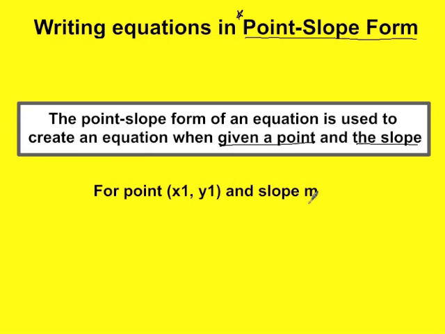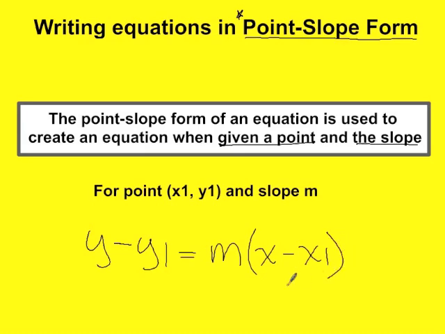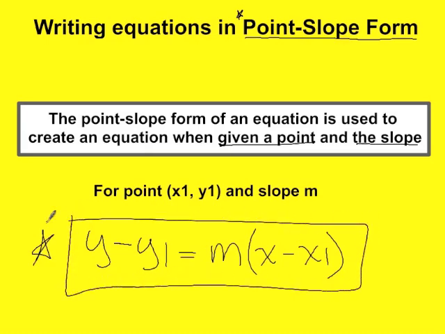That general equation is y minus y1 equals m, which is our slope, times x minus x1. And this is what point-slope form is: y minus y1 equals m times x minus x1.